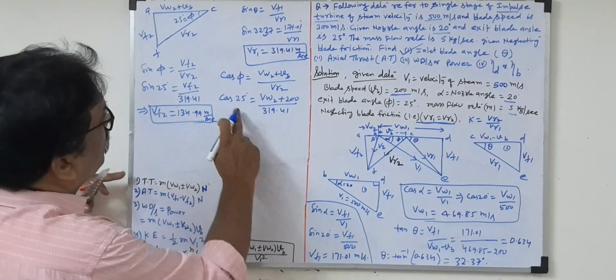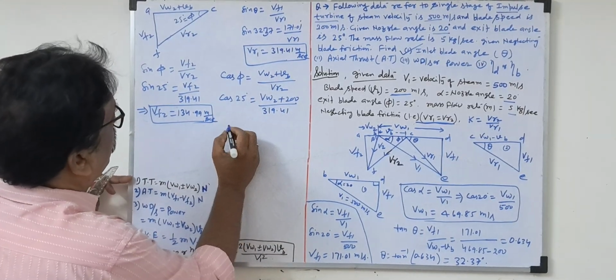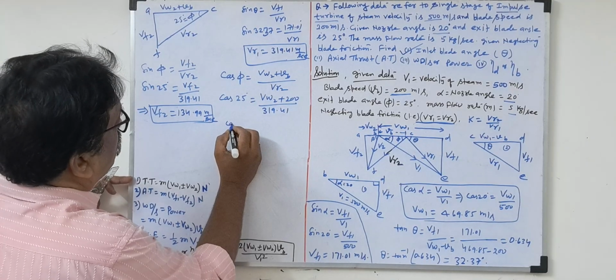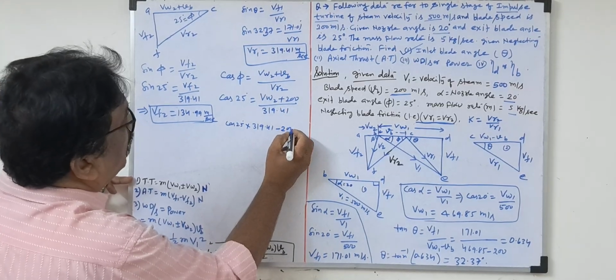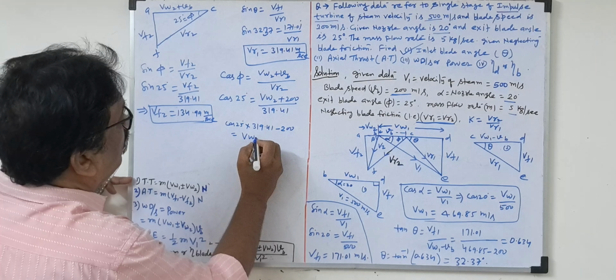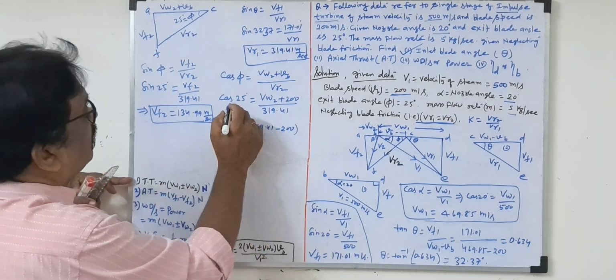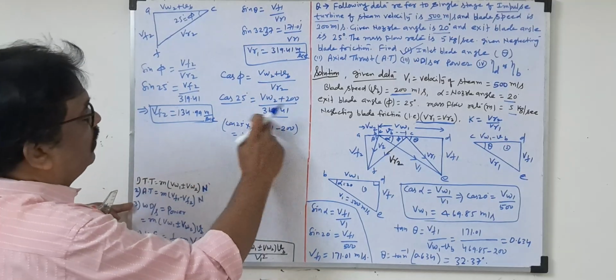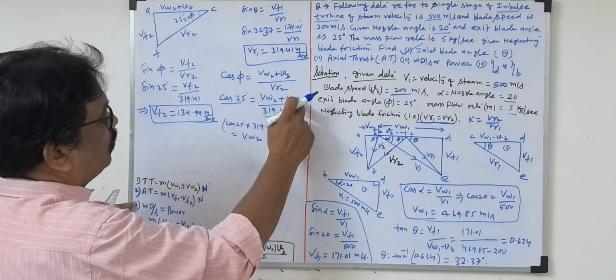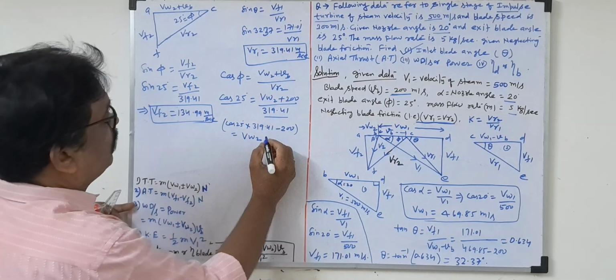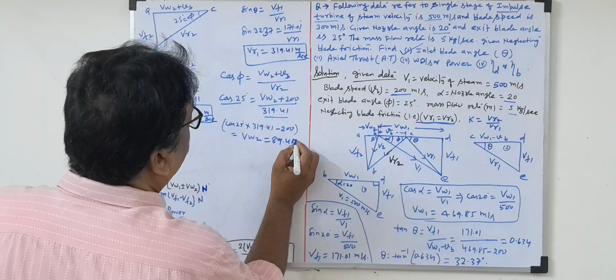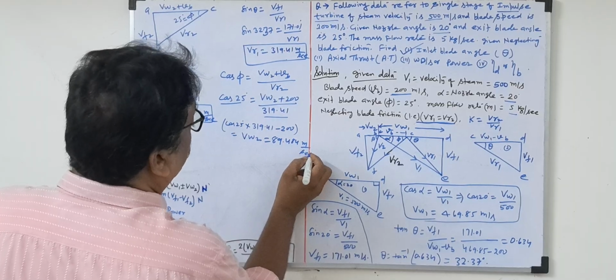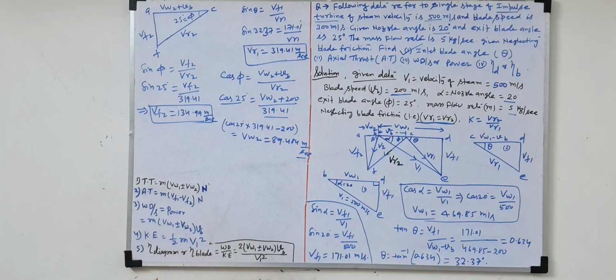Cross multiplying, cos 25 into 319.41 minus 200 is VW2. So VW2 we are getting 89.484 meter per second. All are in meters per second.